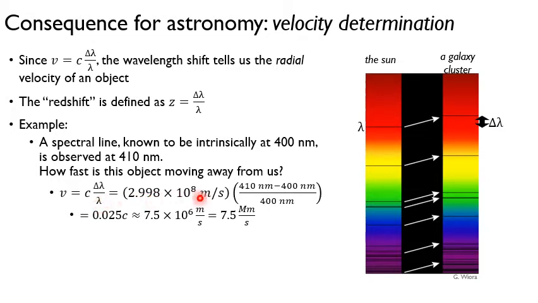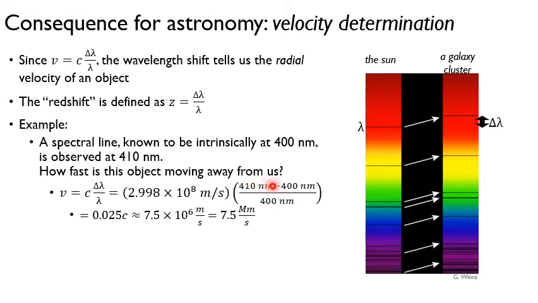So we plug in our value for the speed of light. Here we calculate the wavelength difference: it's now 410 nanometers, it was 400 nanometers. And we need to divide this by the wavelength it would be for a stationary object. 410 minus 400 is known to its friends as 10.